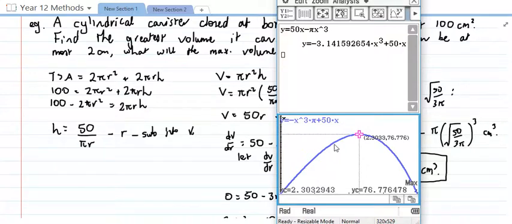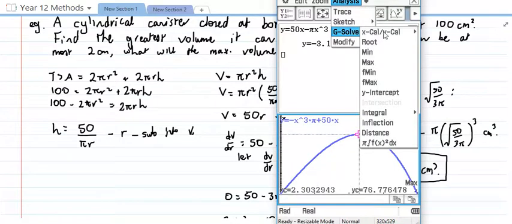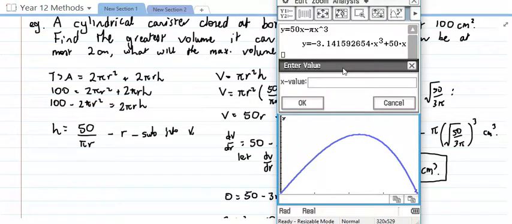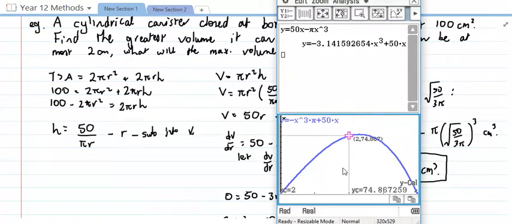So I'm just going to do a ycal when x is equal to 2. So analysis, gsolve, ycal when x equals 2. And that gives 74.87.